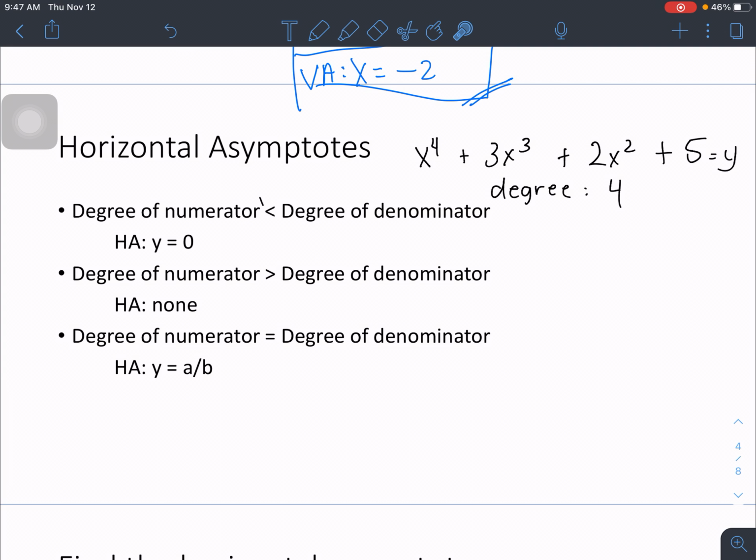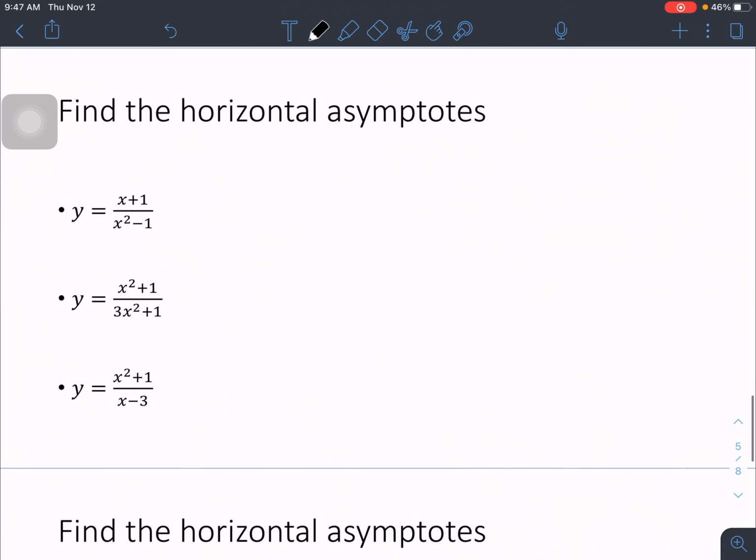And if the degree of the numerator is equal to the degree of the denominator, the horizontal asymptote will be equal to the numerical coefficient of the highest degree variable in the numerator divided by the numerical coefficient of the highest degree variable in the denominator. So let's have an example.